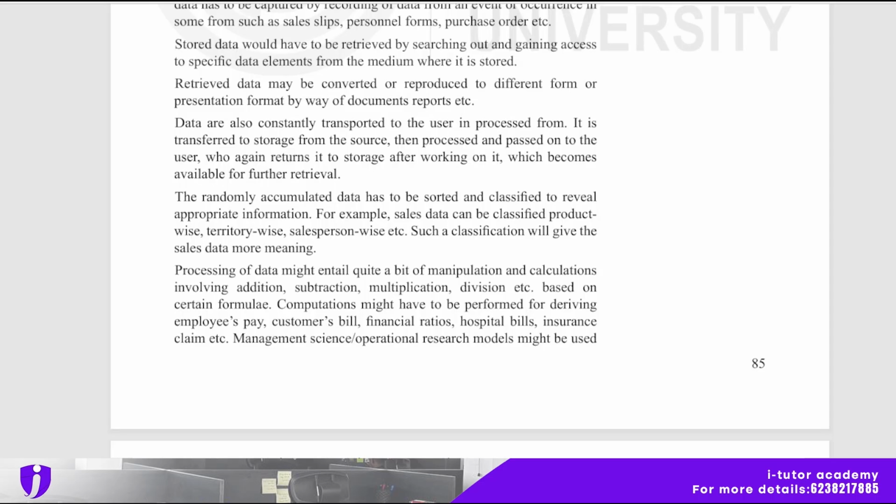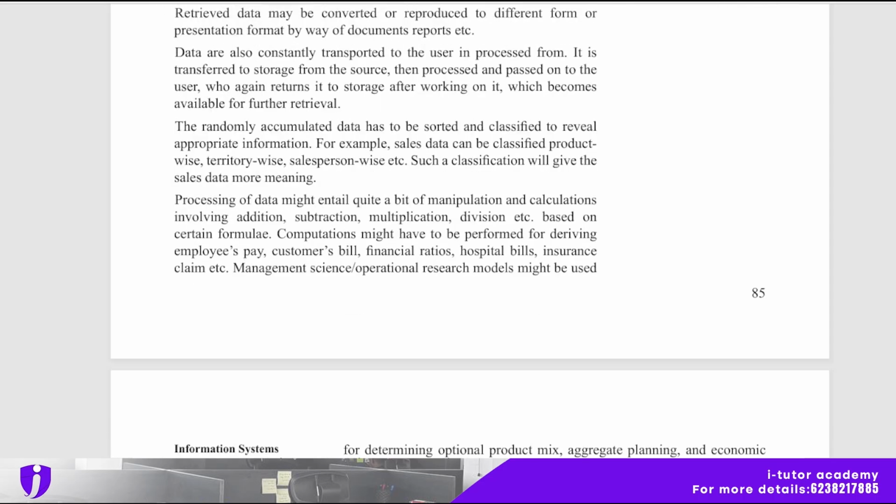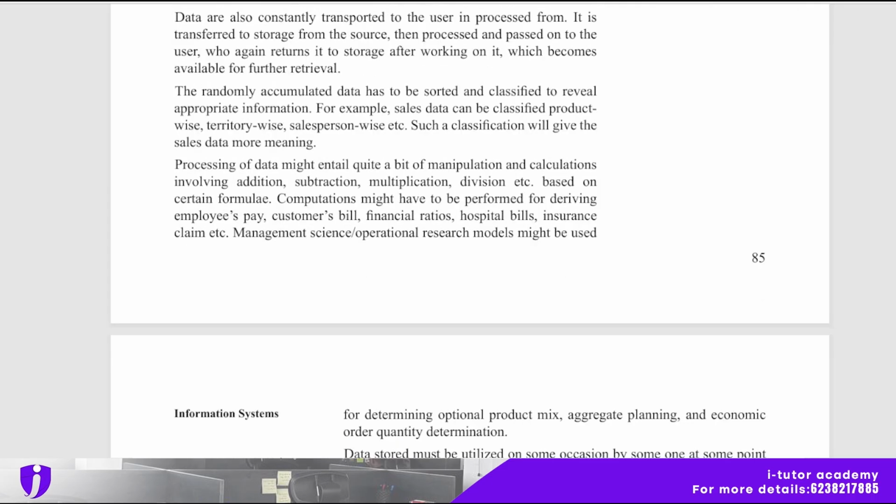Computations might have to be performed for deriving employees' pay, customer bill, financial ratios, hospital bill, insurance claim, etc. Management science or operational research models might be used for determining optimal product mix, aggregate planning, and economic order quantity determination.